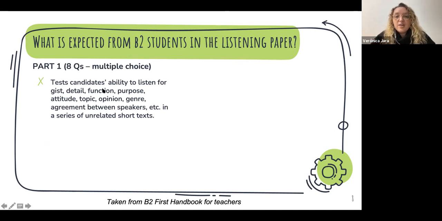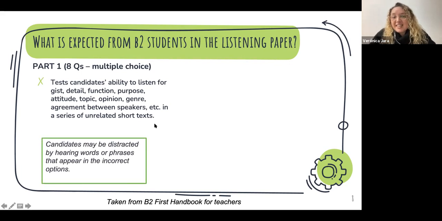The focus here is on listening for gist, general ideas, detail, function, purpose, attitude, topic, opinion, genre, agreement between speakers, in a series of unrelated short texts. What seems to be the biggest challenge here? That candidates sometimes are distracted because they hear words or phrases that appear in the other options. So sometimes they hear that word and say, okay, it's this one, and then they tune out.